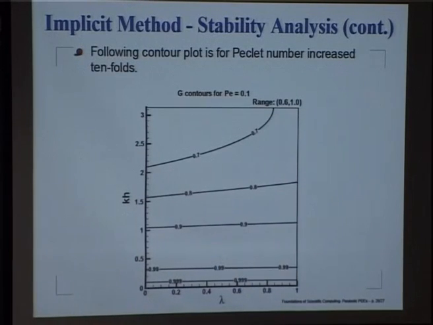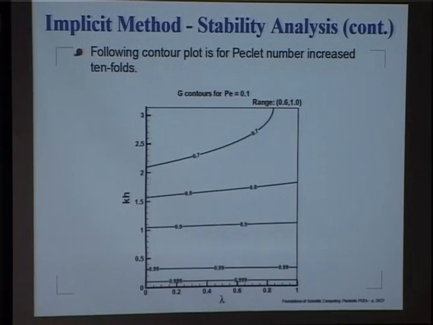Now, if I increase the Peclet number by a factor of 10, so that is what we have done. From 0.01 we have now gone to 0.1, and what do we find? The range is still not too bad, it is still quite okay, it is between 0.6 and 1, and you can realize that this is the story for virtually, this is your explicit method will correspond to what?